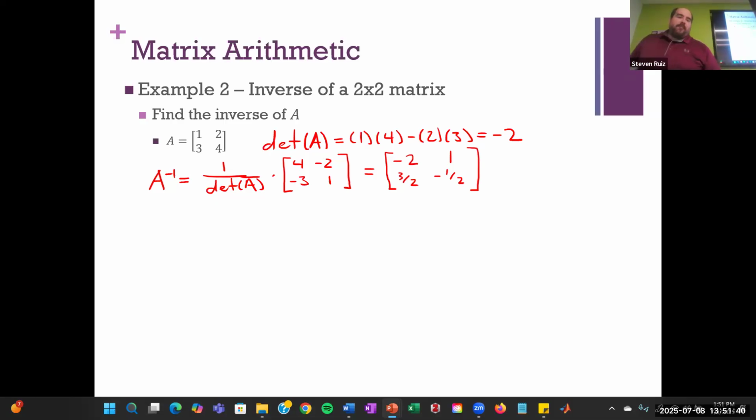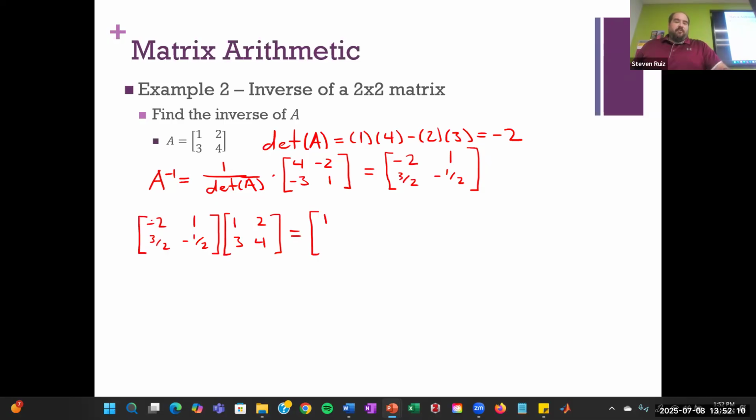How can we make sure we're right? If I multiply it by A, what should we expect to happen? We should get the identity. So let's make sure that happens. Multiply by 1, 2, 3, 4. Row 1 times column 1 gives me -2 plus 3.